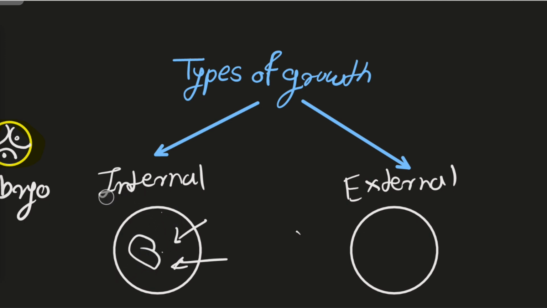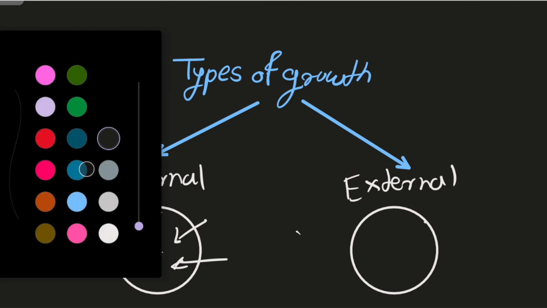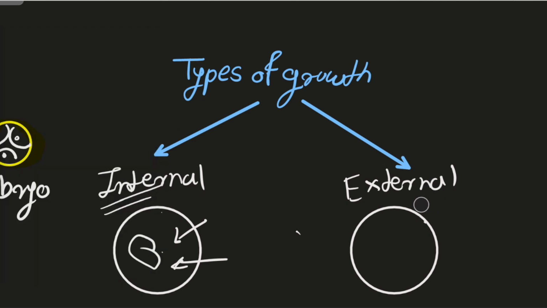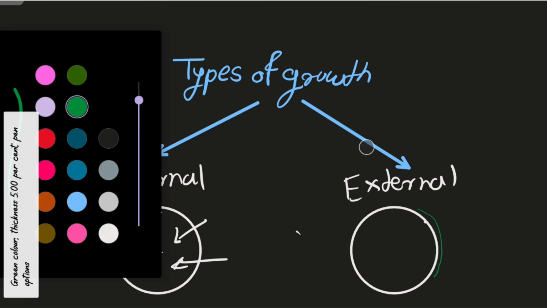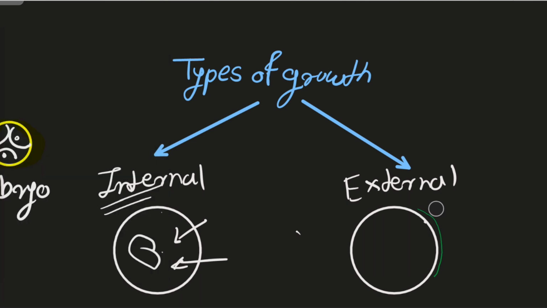That is internal growth, whereas external growth is increase in size from externally, like getting a secondary membrane or secondary boundary outside the cell. This is going to be an external growth.